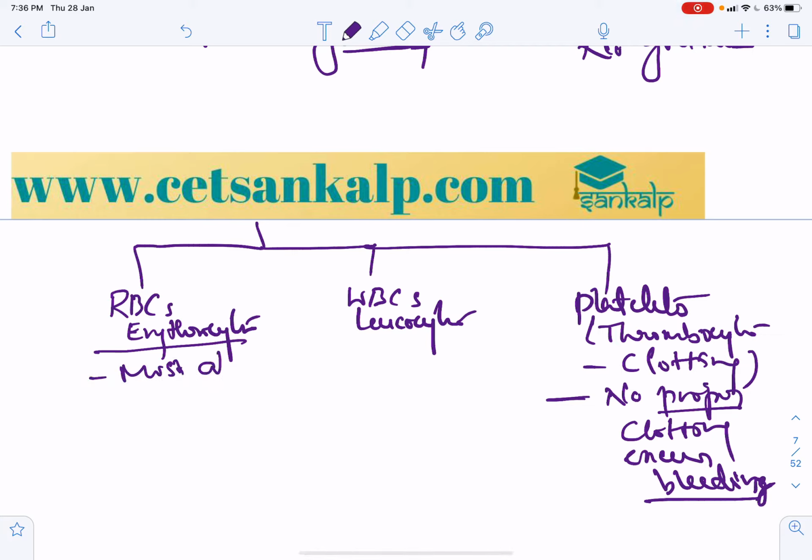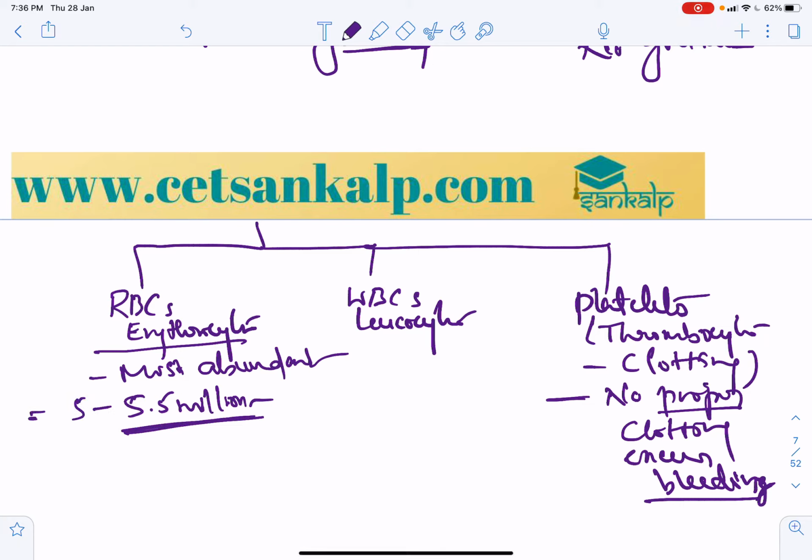Erythrocytes are the most abundant. On average, we can say 5 to 5.5 million cells will be there per cubic millimeter of blood.